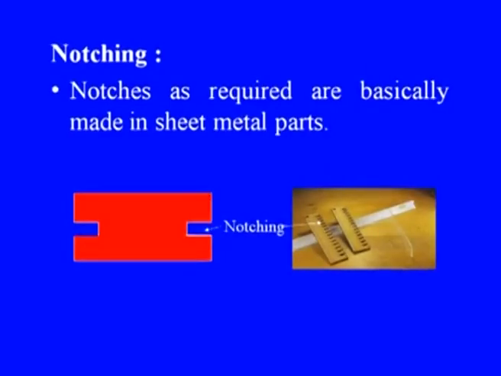Notching. Notches are made as required, basically in a sheet metal. So, here this is the sheet metal in which notches of the desired dimension are made. Another process is nibbling.